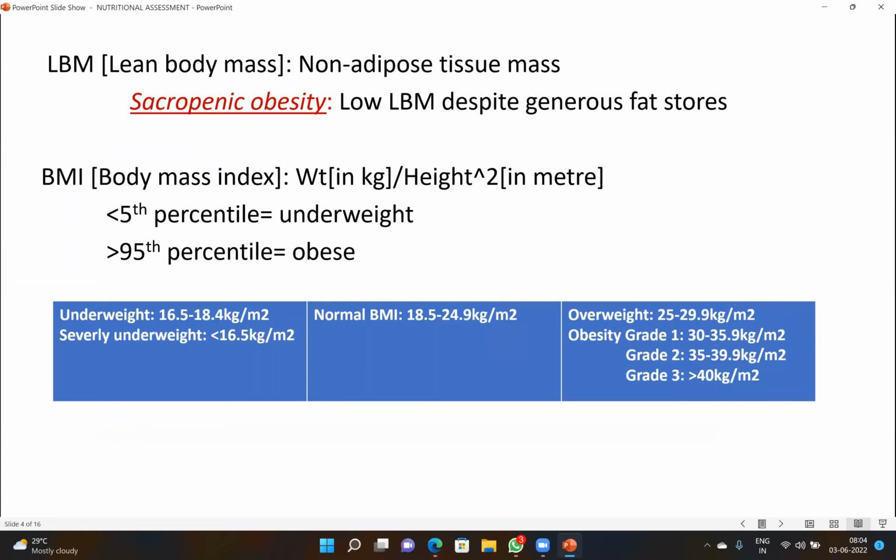Body mass index is measured as weight in kg divided by height squared in meters. Less than 5th percentile is underweight and more than 95th percentile is obese.